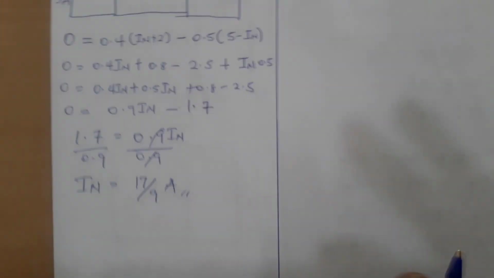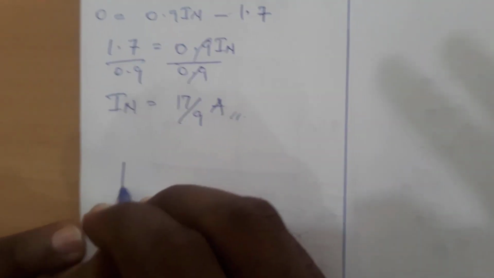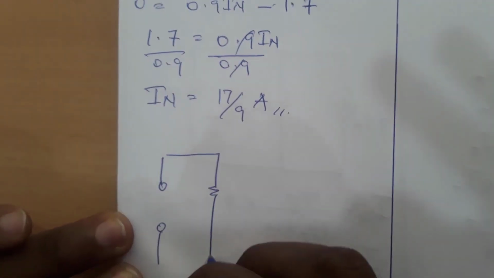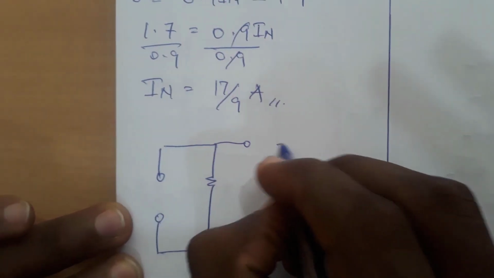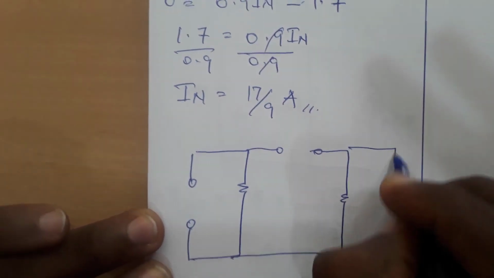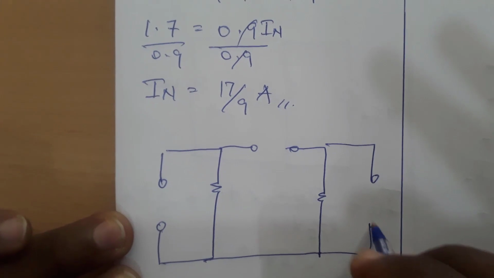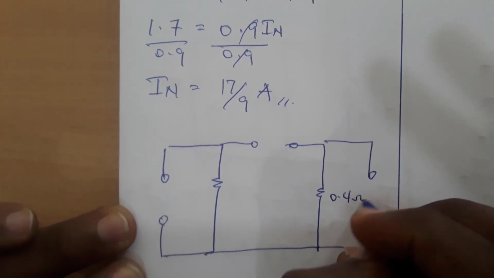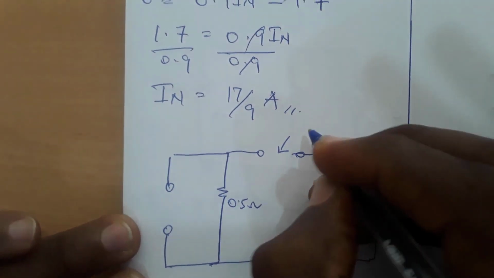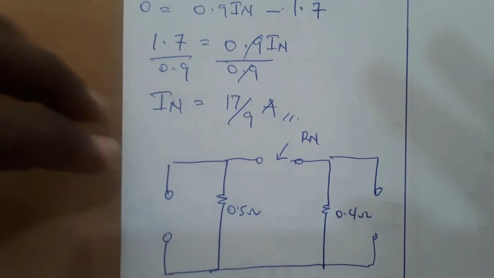This will be the final circuit if you want to find our Rn. We'll open this side and we'll open this side. Here is 0.4 ohm, here is 0.5 ohm. Looking through this terminal, you should find your Rn.